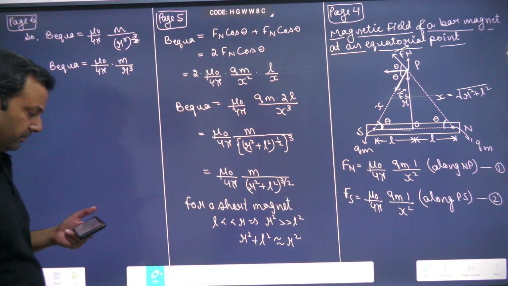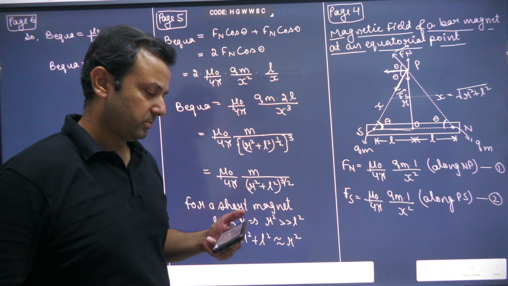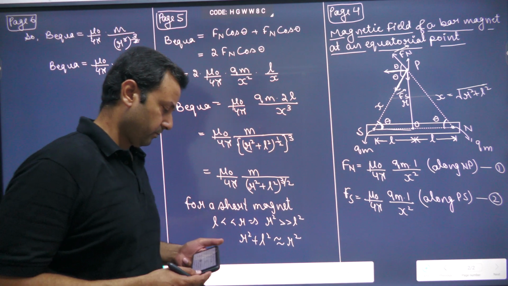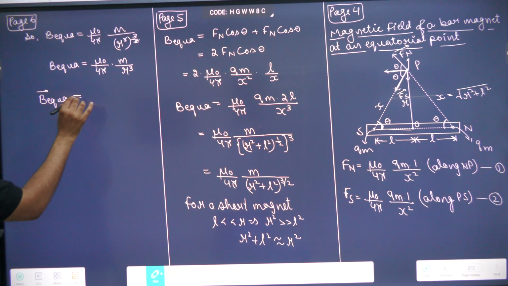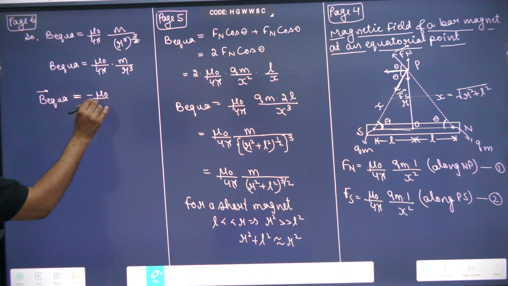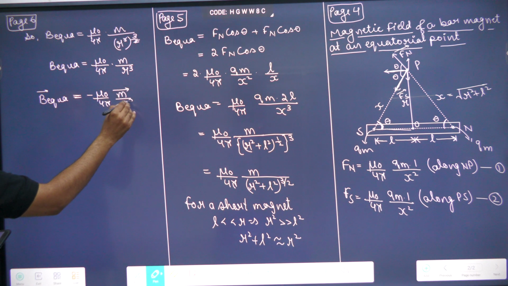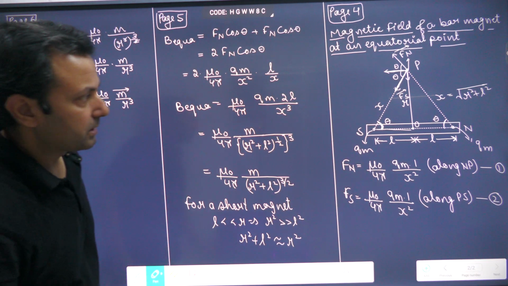The magnetic field at the equatorial point of a magnetic dipole is in the direction opposite to that of its magnetic dipole moment. So we write B equals minus mu naught upon 4 pi times M upon r cube. Why is it minus? Because this is in the opposite direction.